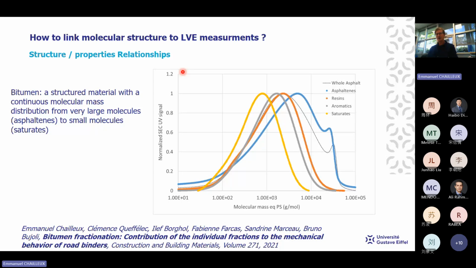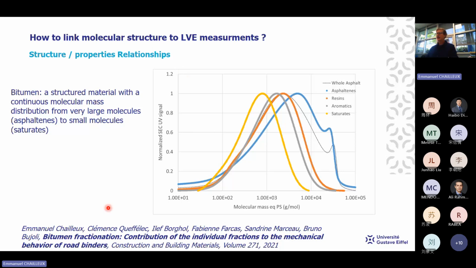You remember the black curve, which is continuous, showing that we have a continuity in molecular mass in our bitumen, from very large molecules, generally called asphaltene, to small molecules, the saturate molecules.